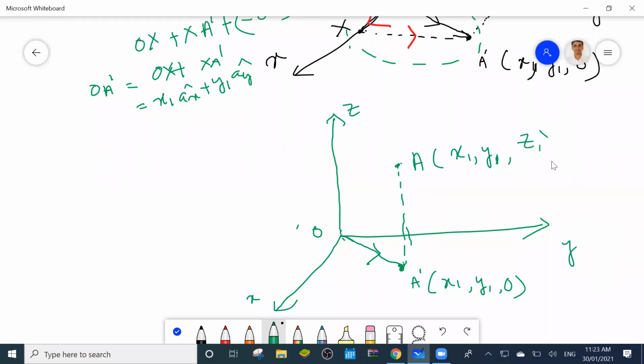Above the axis, you have to feel that this is not a plane now. This is a three-dimensional axis. So I increase the height of that point to Z1.